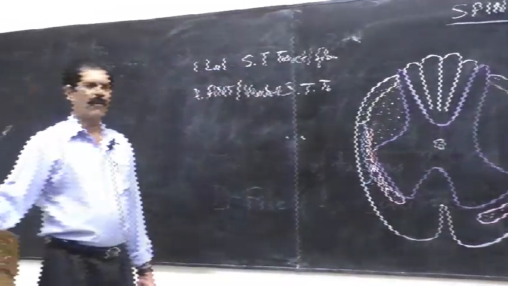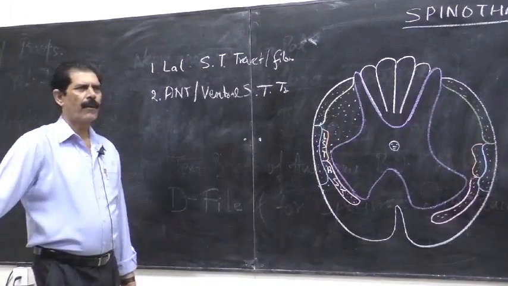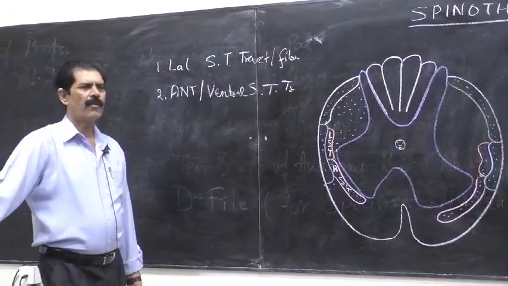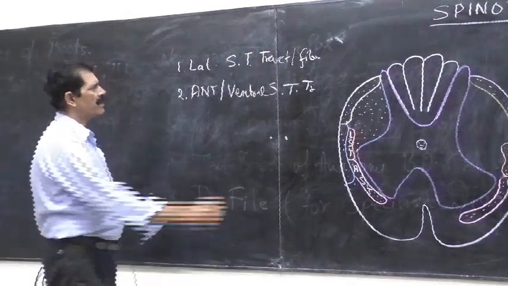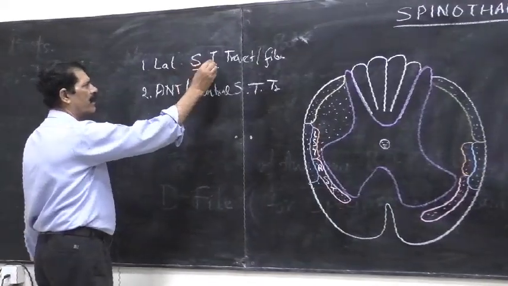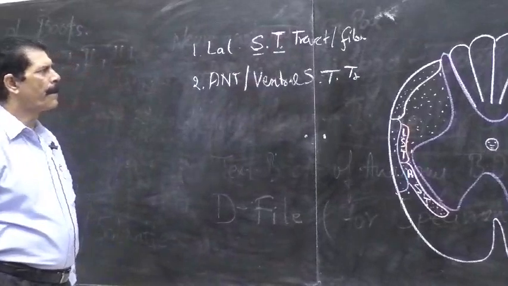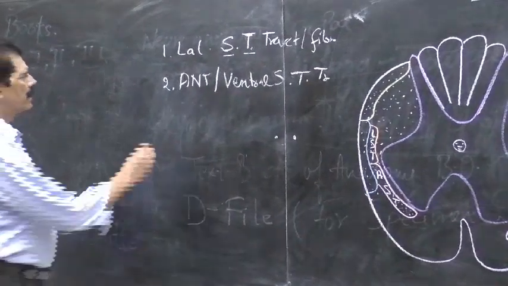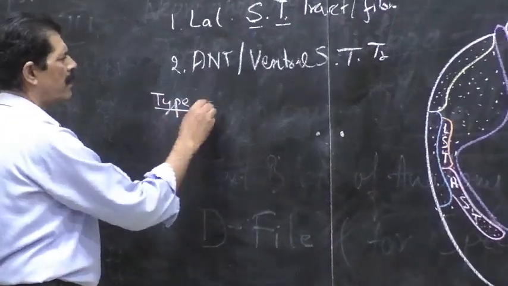Now as we have already discussed, whenever a question on the spinothalamic or any tract comes, we have to make headings and subheadings. The name is suggestive. Spinothalamic means they start from the spinal cord and go to the thalamus. So which type of fibers are they?